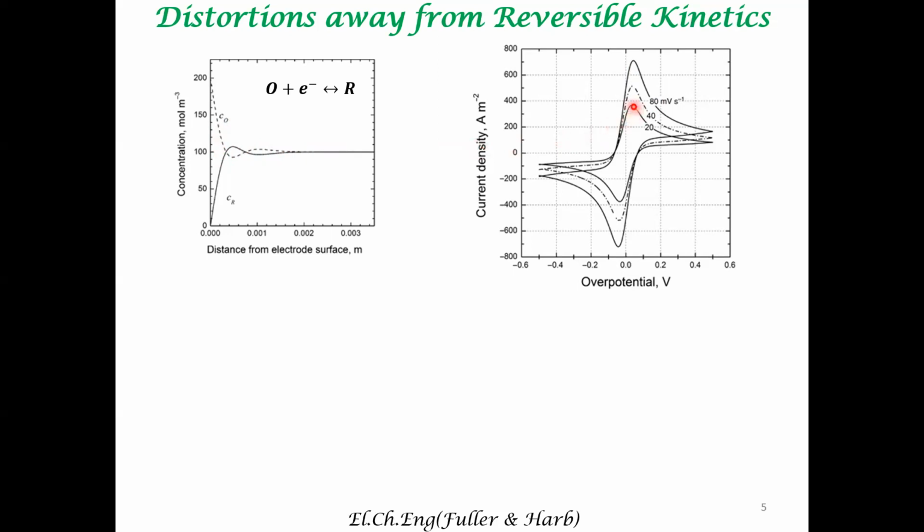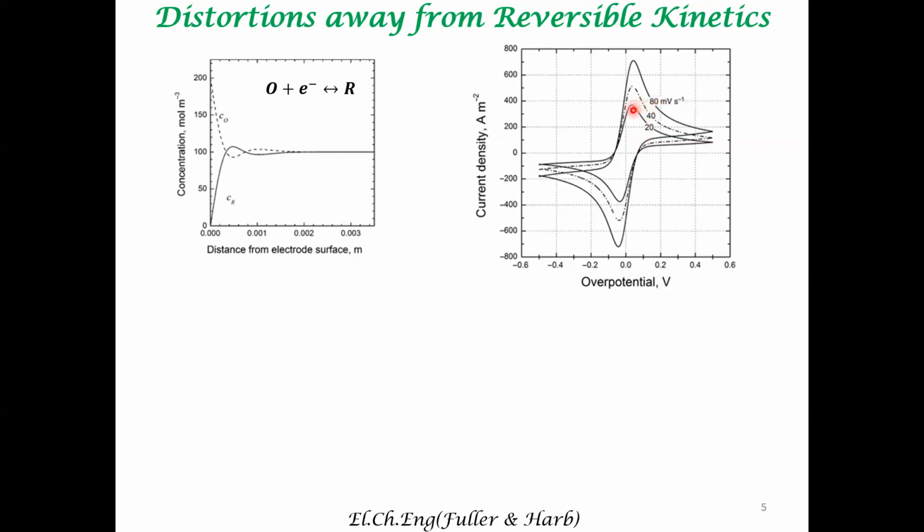So the thermodynamic driving force remains the same in all these three cases. Okay, so even though the thermodynamic driving force for oxidation or reduction remains the same in all these three cases, the amount of active species present is very different in these three cases.